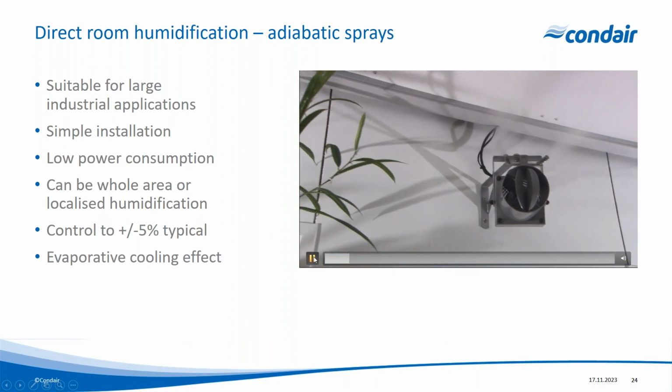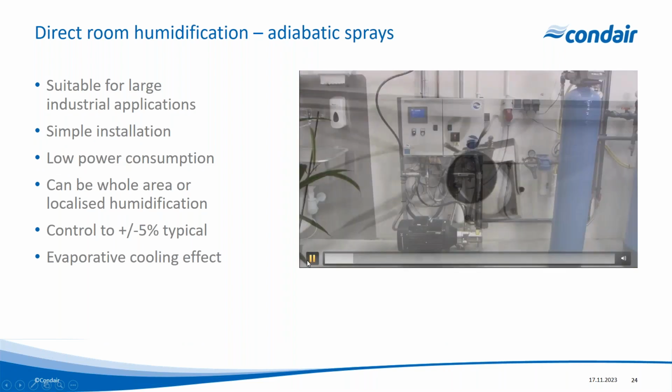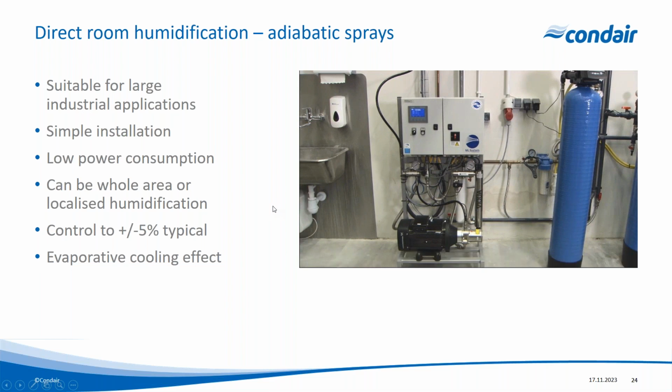So there's a spray system. We're spraying. Here's our pump station. So we have to have a pump station and a water treatment plant to supply clean, high-pressure water to the spray heads. So why do we need water treatment? Well, if we don't have water treatment, all the minerals in the water will stay in the water.